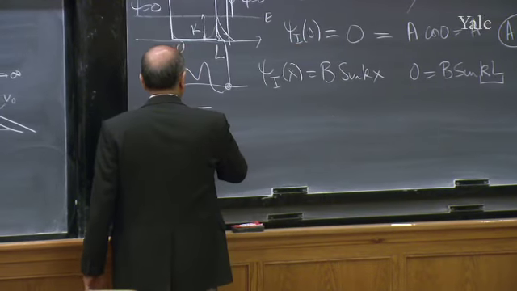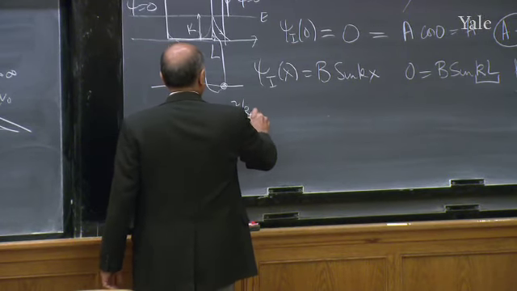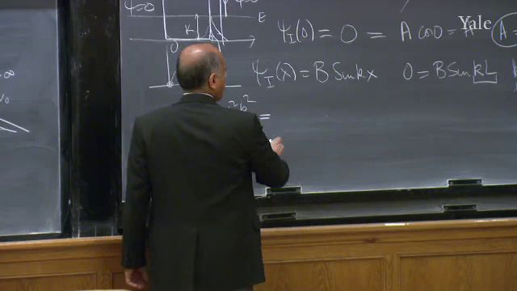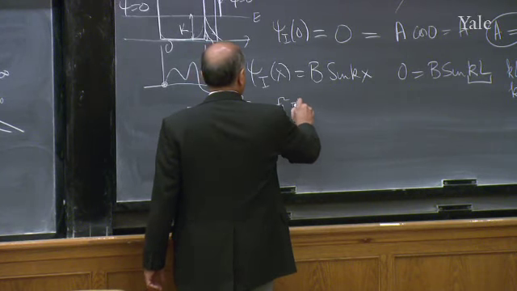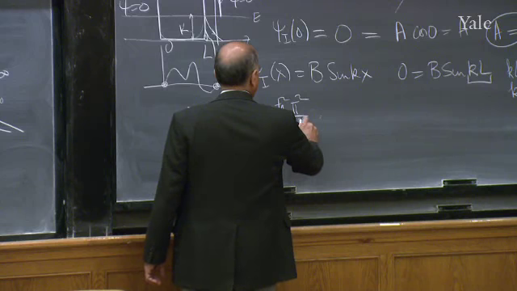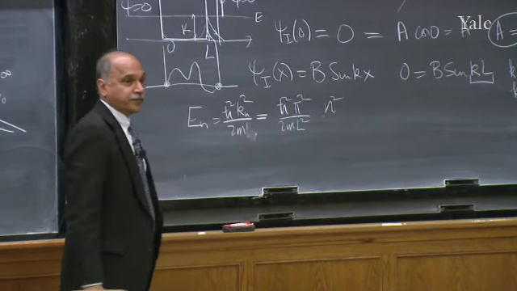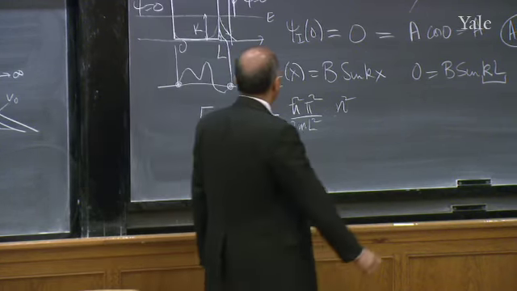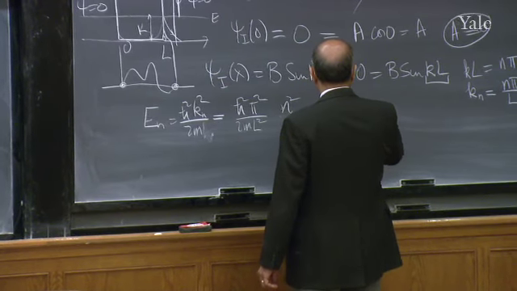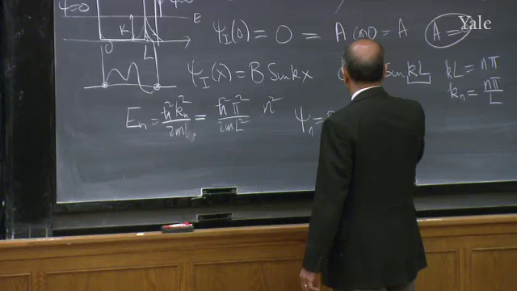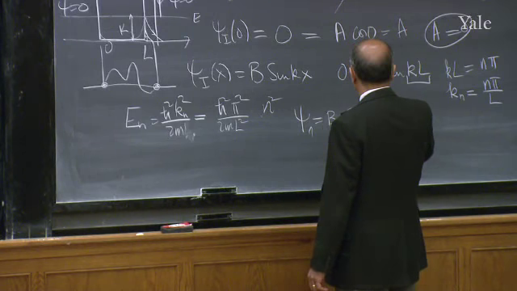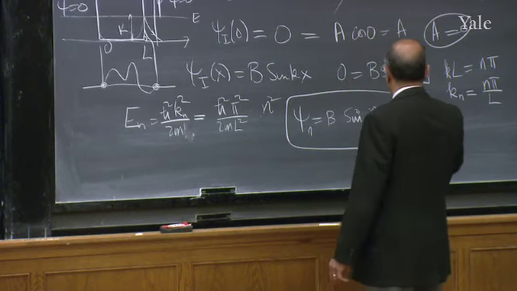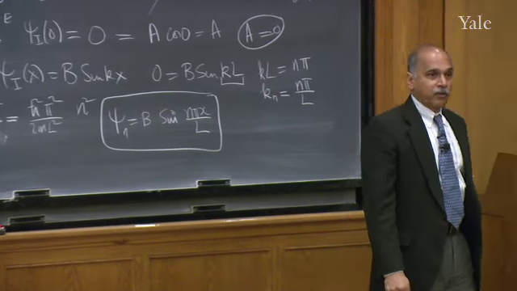And the energy, which is really h bar squared k squared over 2m, becomes now h bar squared pi squared over 2m L squared times n squared. And psi sub n looks like B sine of n pi x over L. You guys see that? These are the allowed functions.